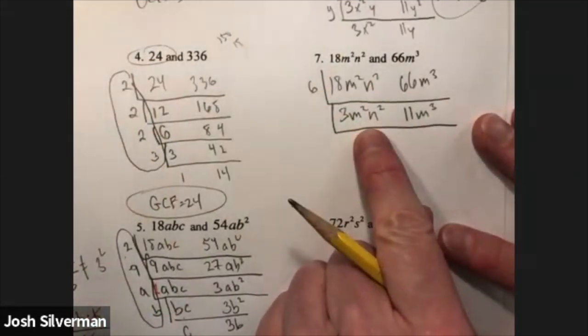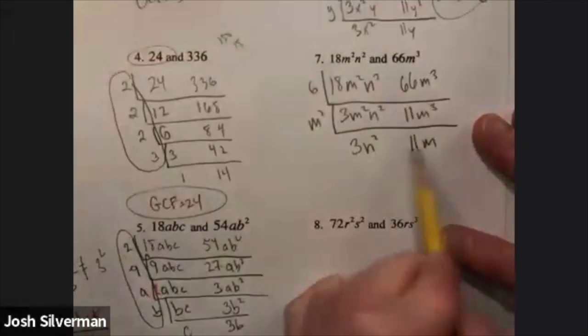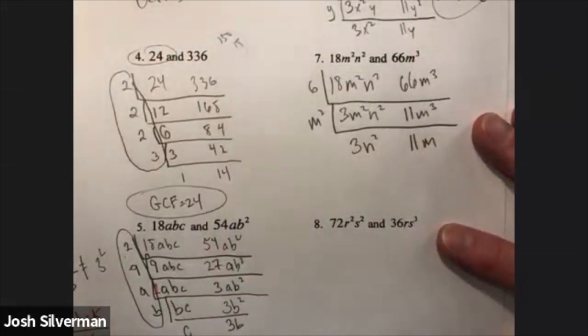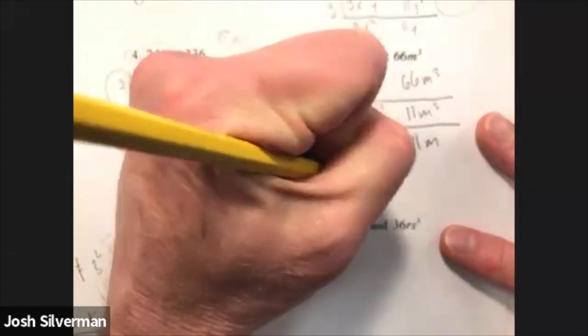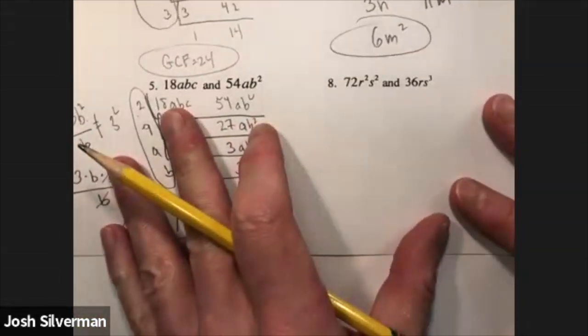These can both be divided by m. They can also both be divided by m squared. Let's cut to the chase. M squared, that's going to leave behind 3n squared, 11m. That's as far as we can go. No more common factors. What's the GCF? 6m squared. Last one on this page.